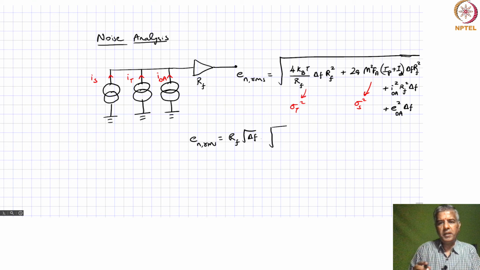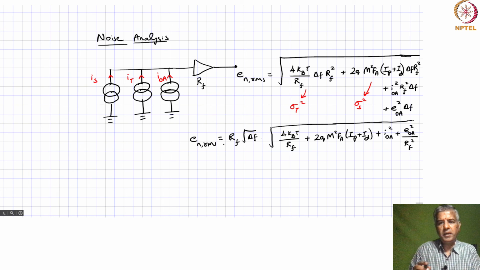Then you have root of 4 kBT over RF, plus 2Q M square FA (IP plus ID), that's your shot noise current density, plus you have IOA square, plus EOA, that's the voltage noise current density divided by RF square, because you have taken out RF, so you'll have to compensate by keeping that RF square.